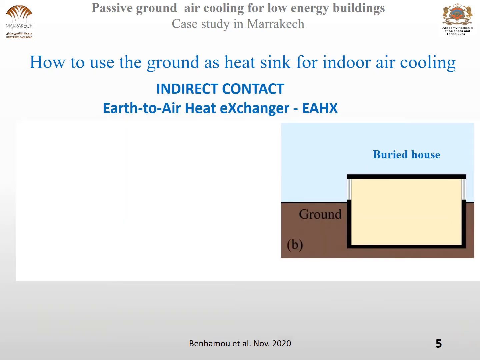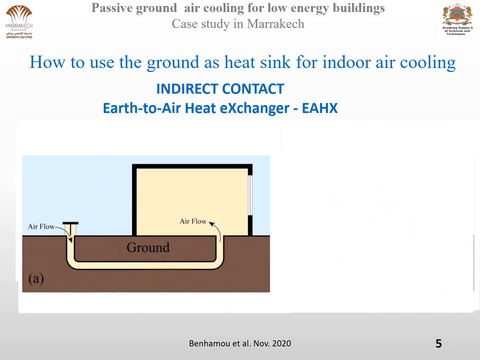The indirect contact may be achieved using this system, the earth-to-air heat exchanger, which is constituted by the buried pipe, and the outdoor air is getting cooled through this pipe.